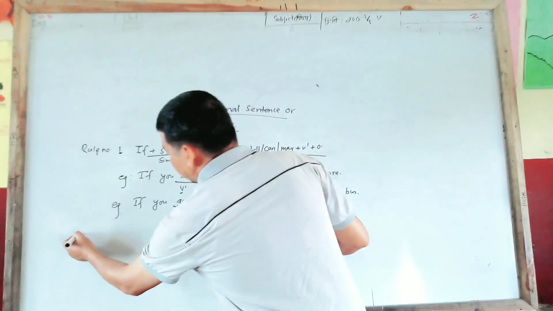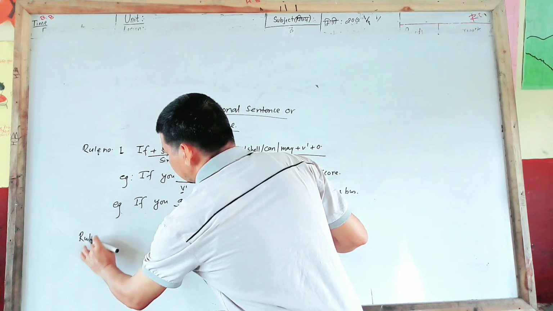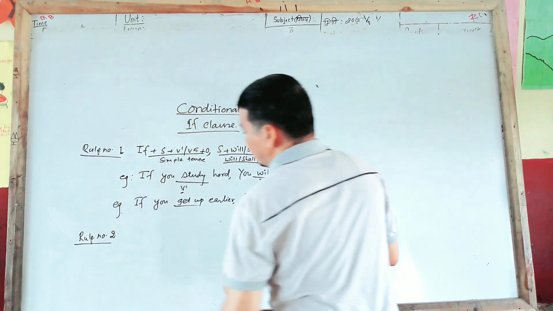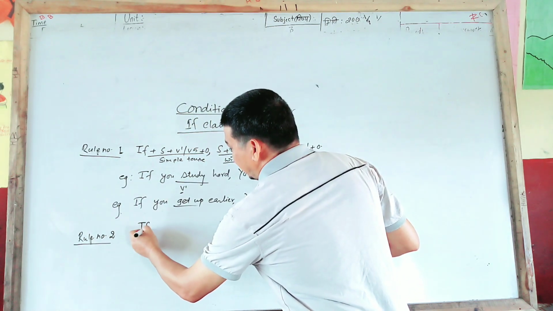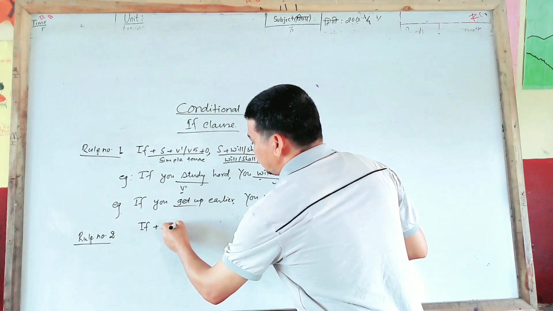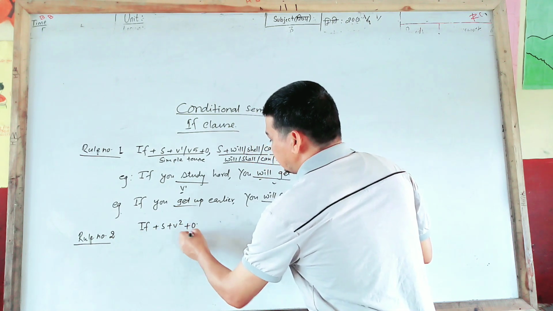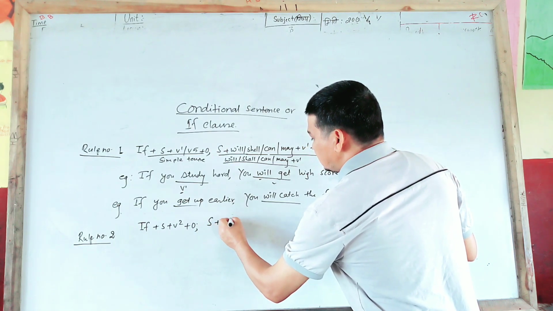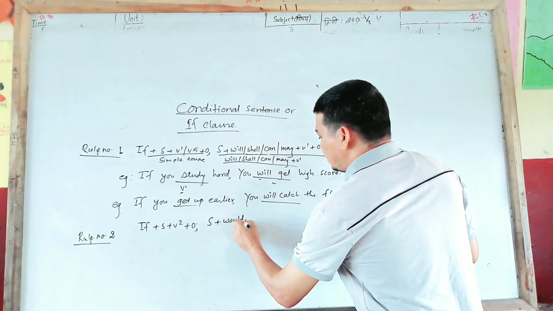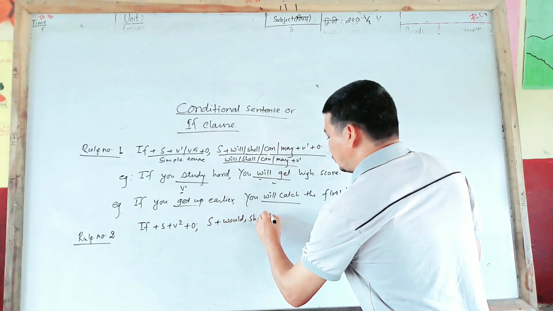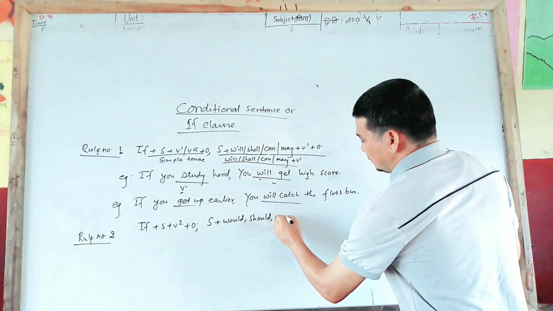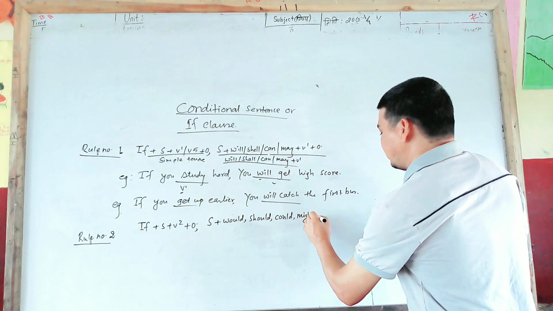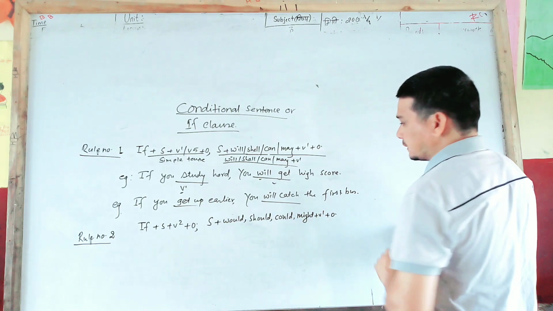Now next come to rule number 2. Rule number 2 is if plus subject plus v2 plus object, and subject plus would, should, could, might plus v1 plus object.